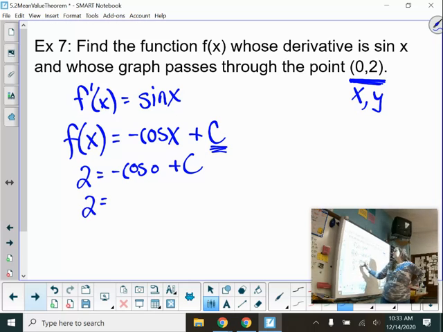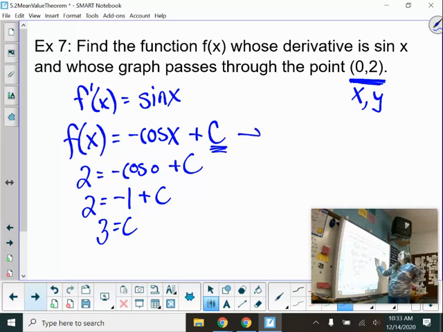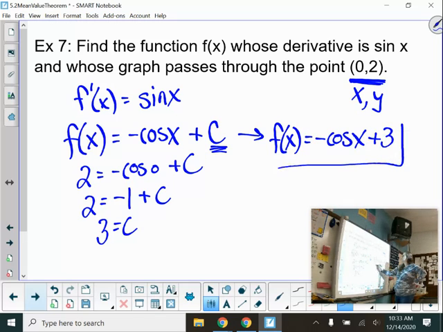Well, the cosine of 0 is equal to 1, and there's a negative in front of that, so that's going to be negative 1. So if 2 is equal to negative 1 plus c, that means 3 has to be my c. We can now replace the letter c with the actual value, and that means the original function f of x is negative cosine of x plus 3.